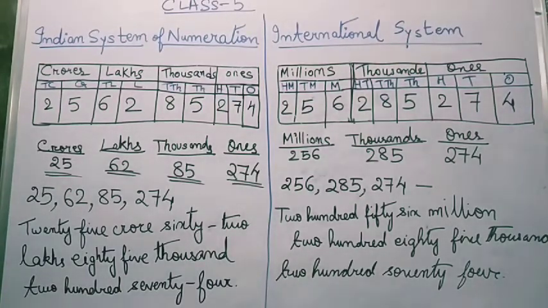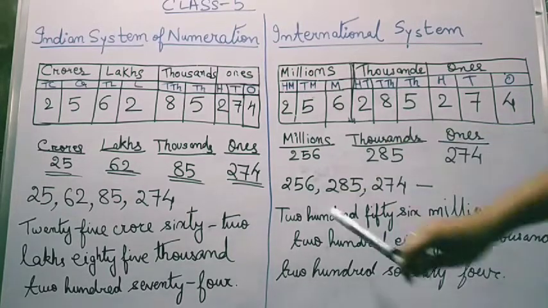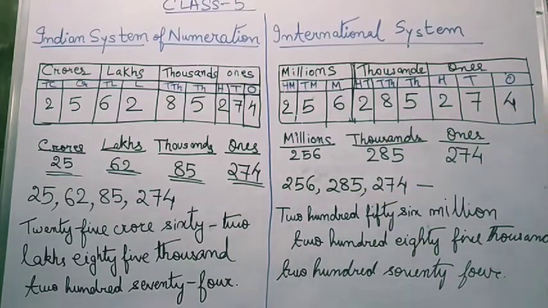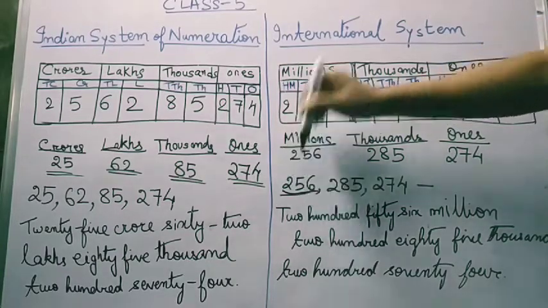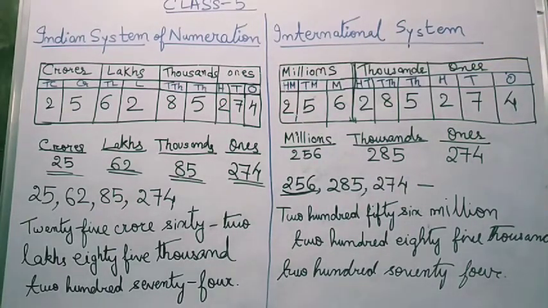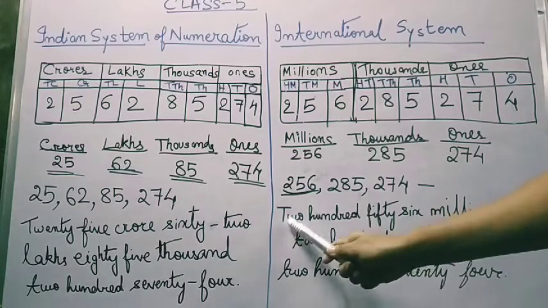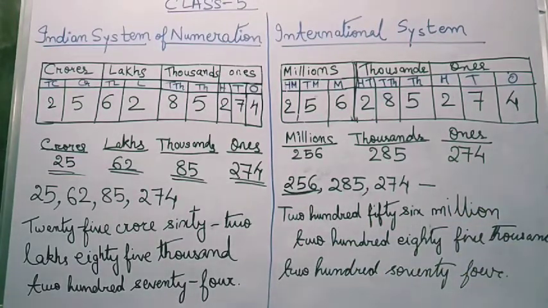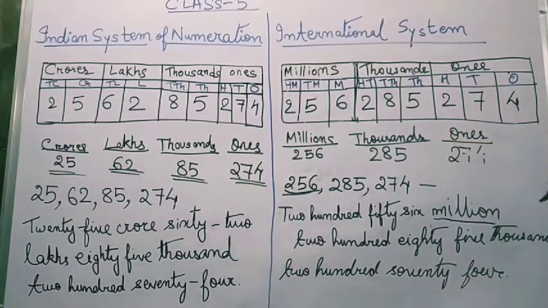Okay. Now you see, in millions period, what is the number? 256. So, how will you write? 256. And then you have to write the period also. In which period is 256?